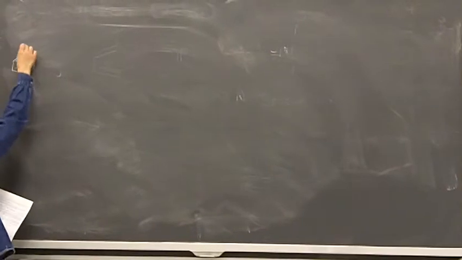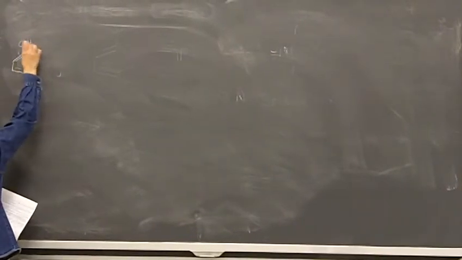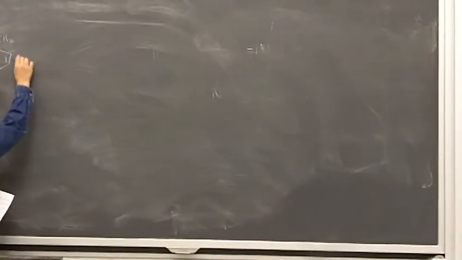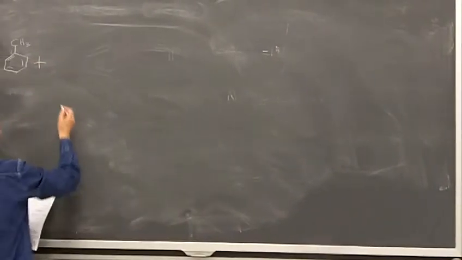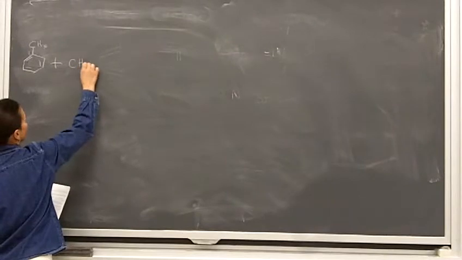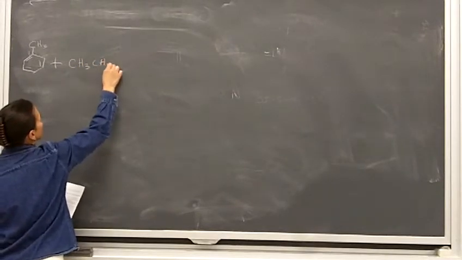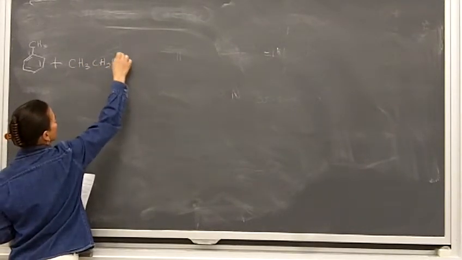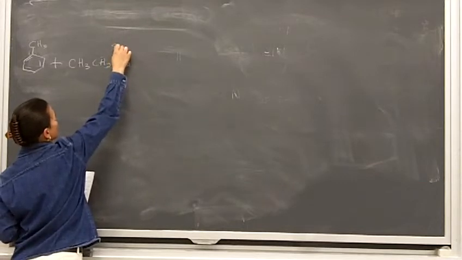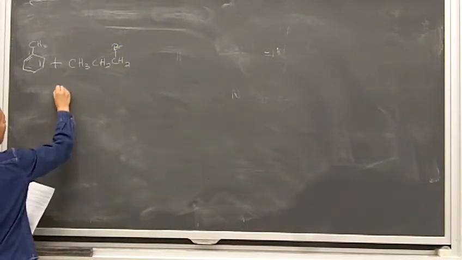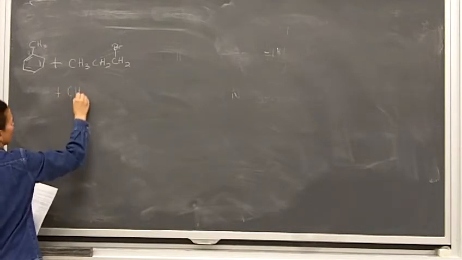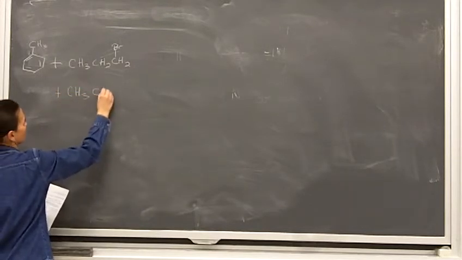So everybody will be starting with toluene. And you're going to react your toluene with either 1-bromopropane. So some of you, this should be familiar because this is what you used in the Grignard reaction. It's still the same 1-bromopropane. Or you're potentially reacting with 2-bromopropane.